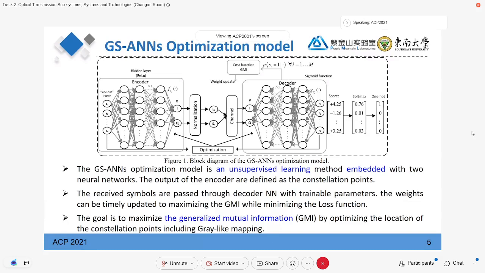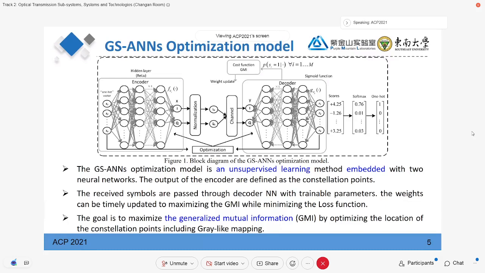The received symbols are passed through the decoder neural network with trainable parameters. The weights of the neural networks can be updated to maximize the GMI while minimizing the loss function. The goal is to maximize the GMI by optimizing the location of the constellation points, including grid-like mapping.